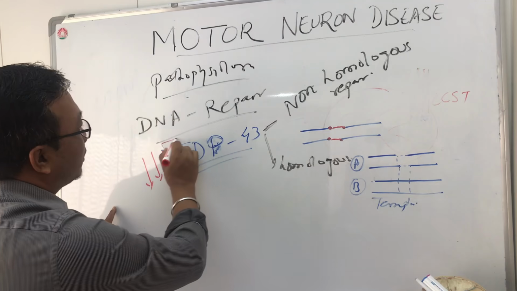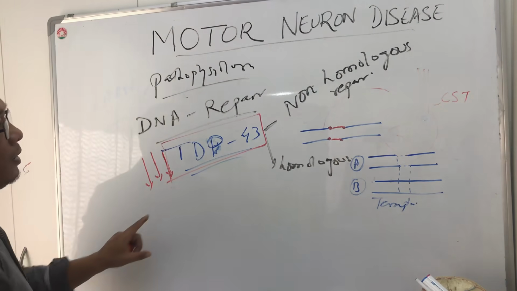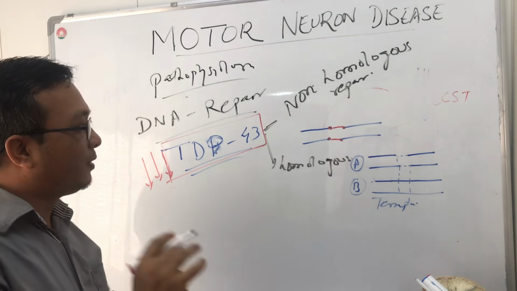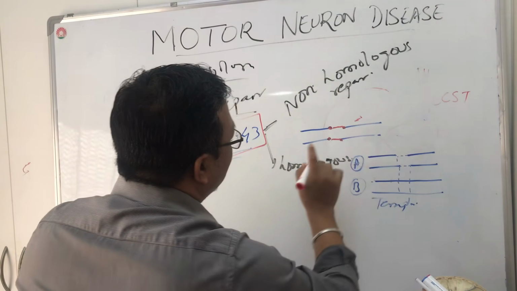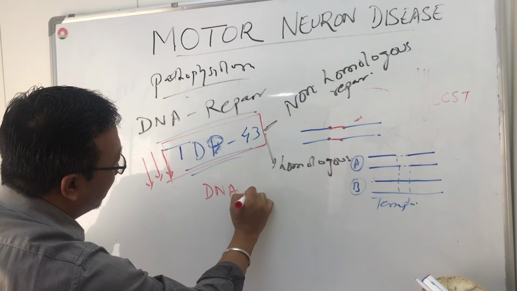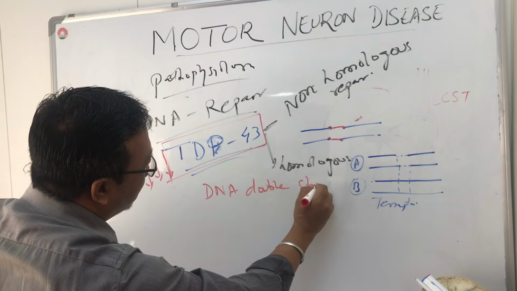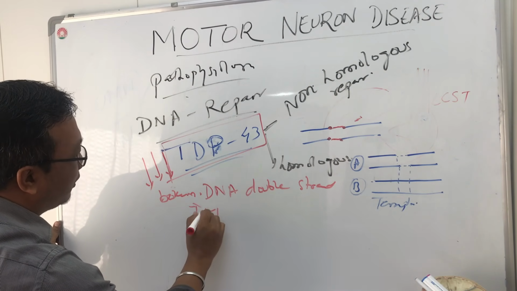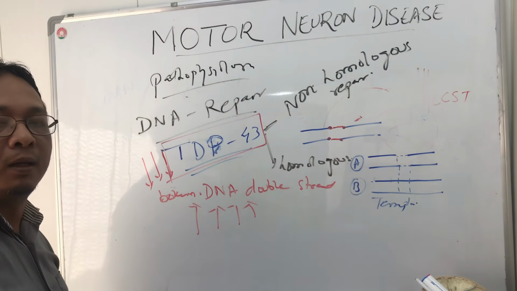So when our body is lacking TDP43, this non-homologous repair cannot occur. As a result, all this broken DNA double strand highly increases in number.